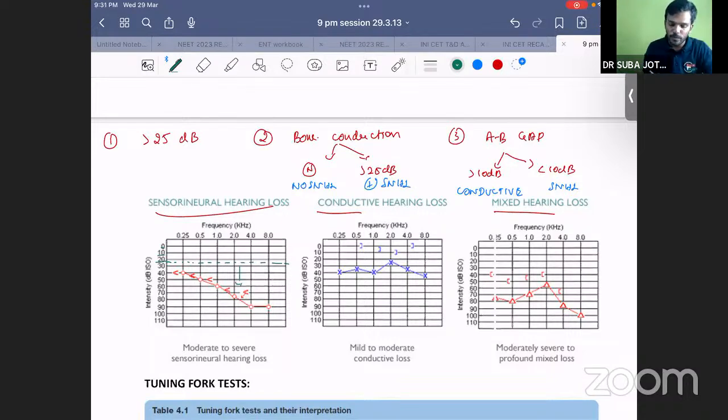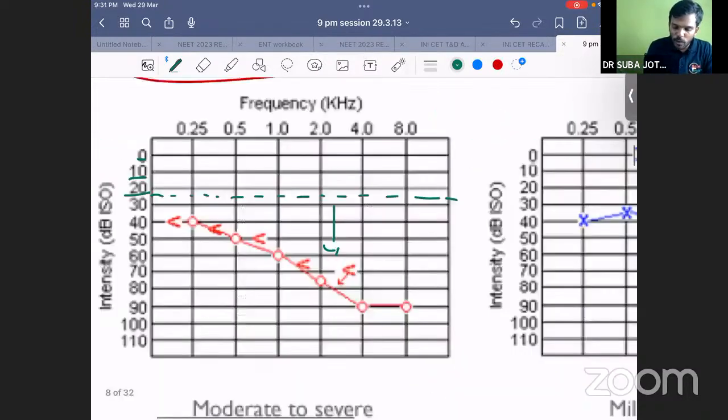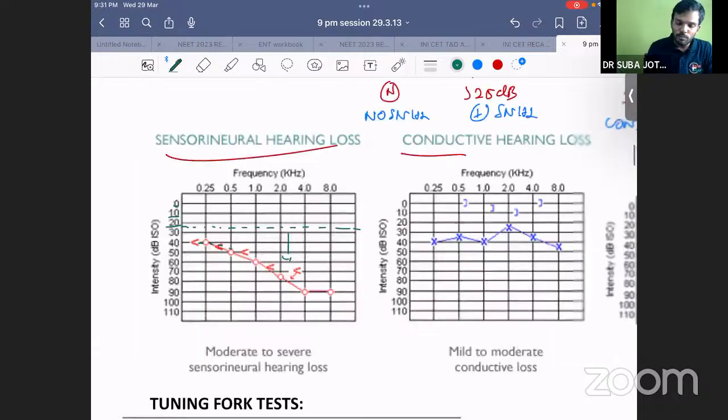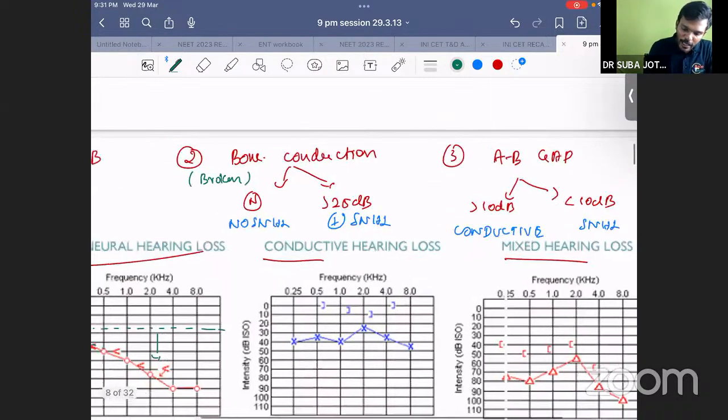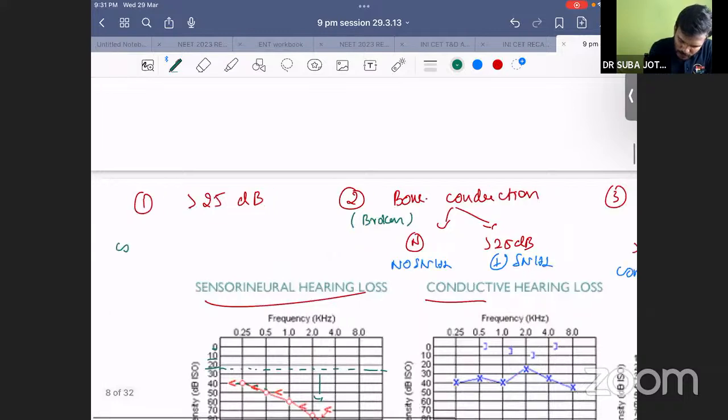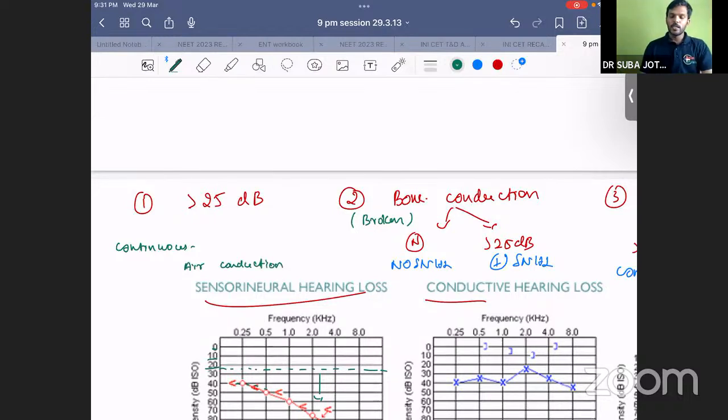Thumb rule number 2, you look for the broken lines. I have already told you, broken lines for bone conduction, continuous lines for air conduction. Clear?